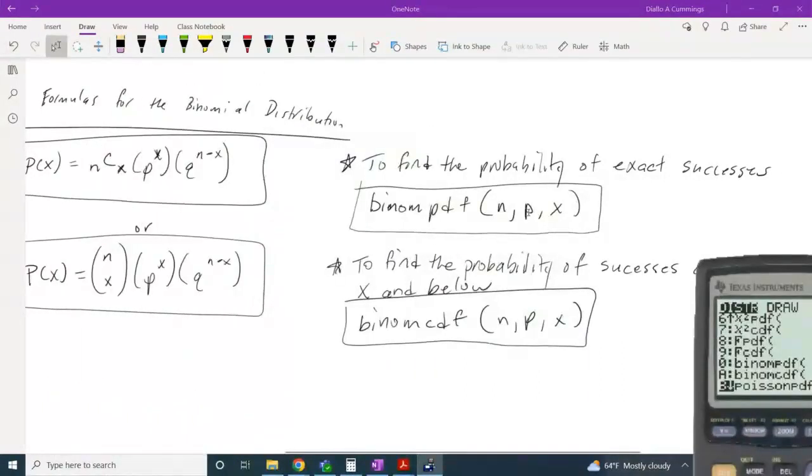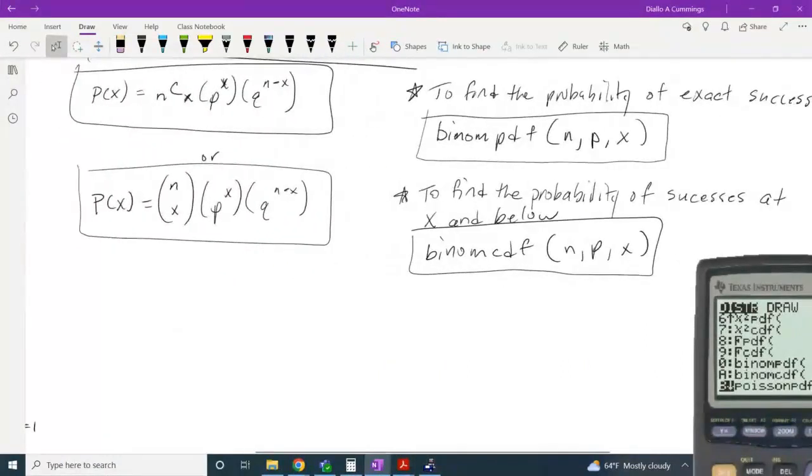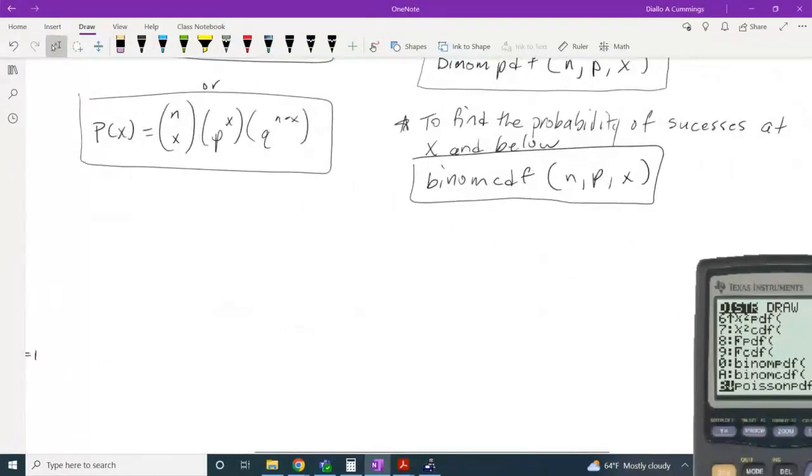Okay, there are also a couple of more formulas. Now the calculator is not going to help us calculate these formulas, but we have the mean, right, which you may see it written sometimes as, this is actually called mu, right?